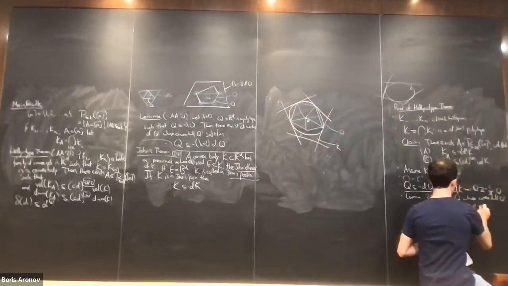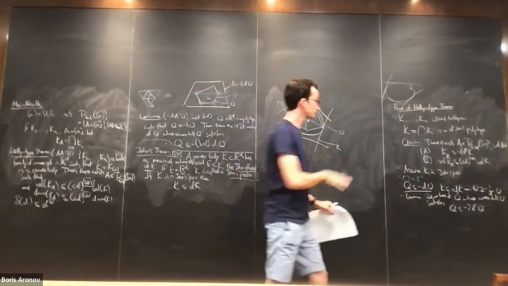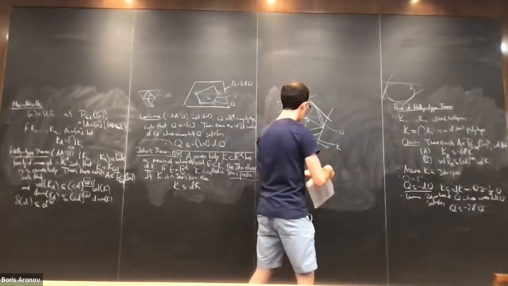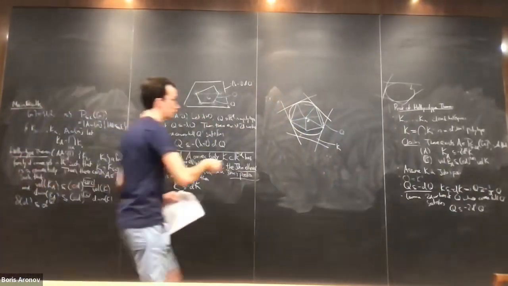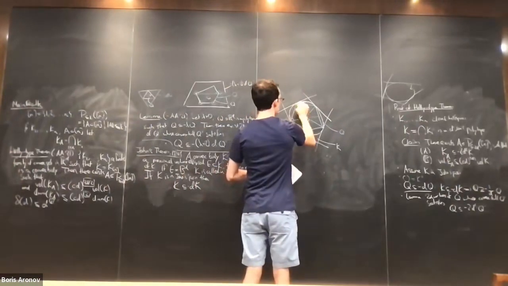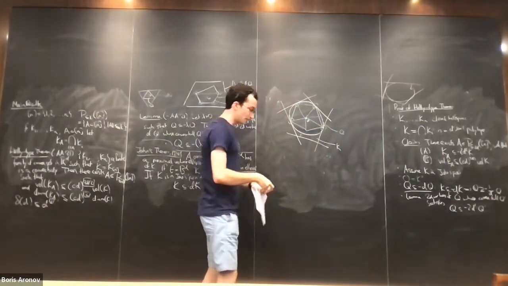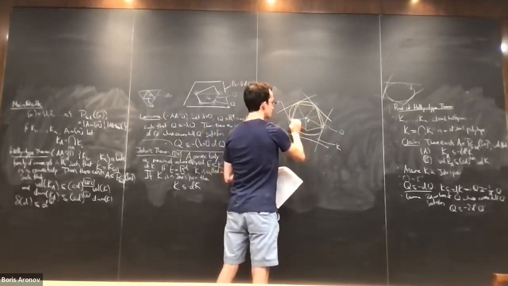Minus 2d squared times Q prime. So we have this inclusion, and maybe Q prime in this case is these 4 vertices. So this is Q prime.